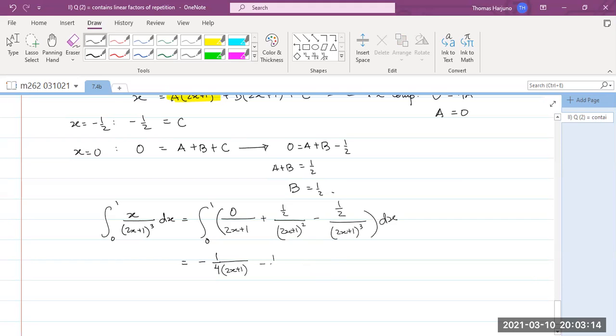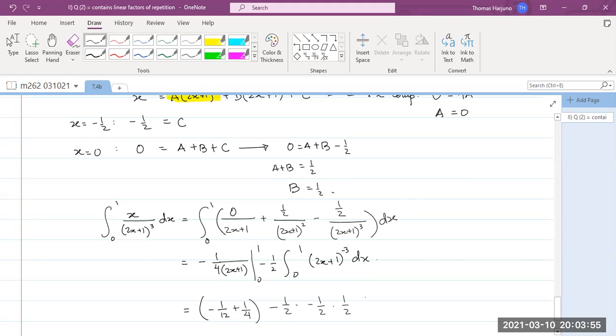That's negative 1/2 integral from 0 to 1 of (2x plus 1) to the power of negative 3 dx. How do you integrate that? Negative 1/2 and then 1/2. Oh yeah, that's right, it becomes plus.